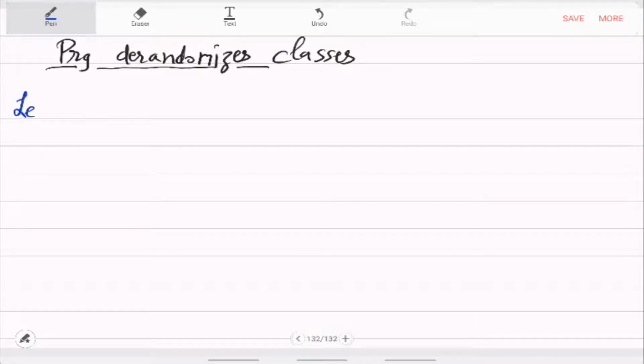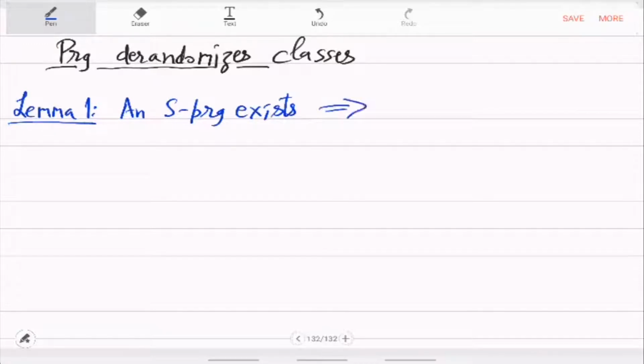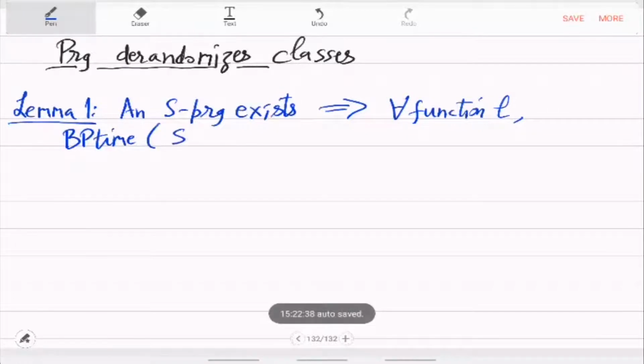So we will show that an SPRG exists. This implies that for every function L, BPTIME(S(L(n))) can be de-randomized.